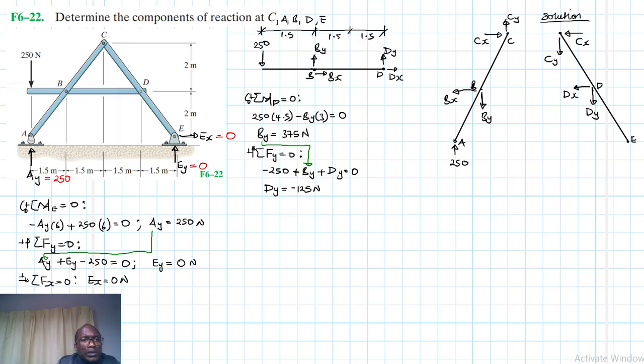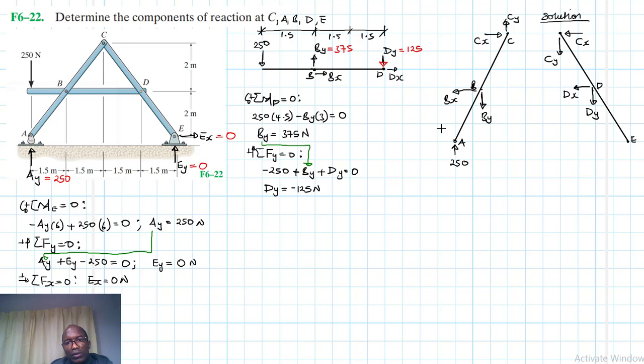Okay, so let's replace this. This one is equal to 375. Then this one, the sign changes. It will face downwards instead, like so. So this one is equal to 125. All right.